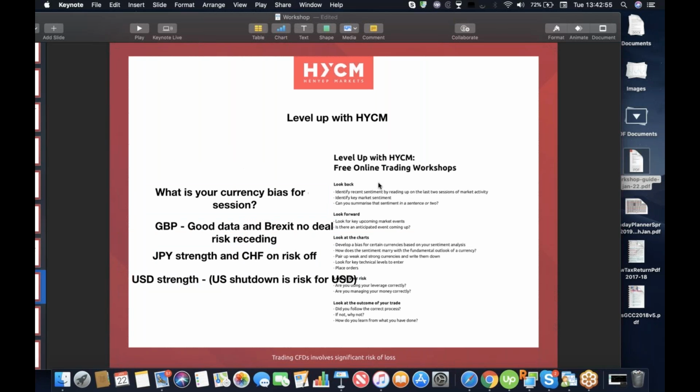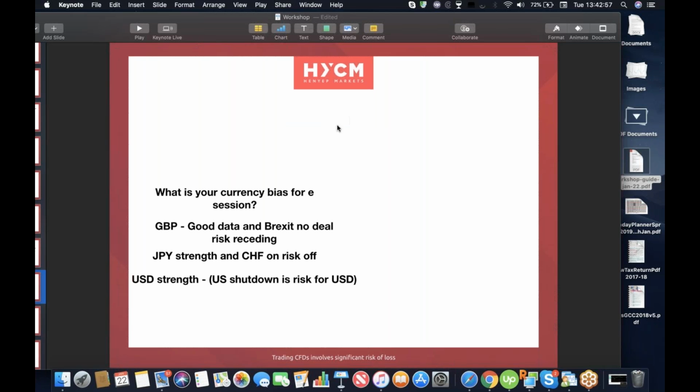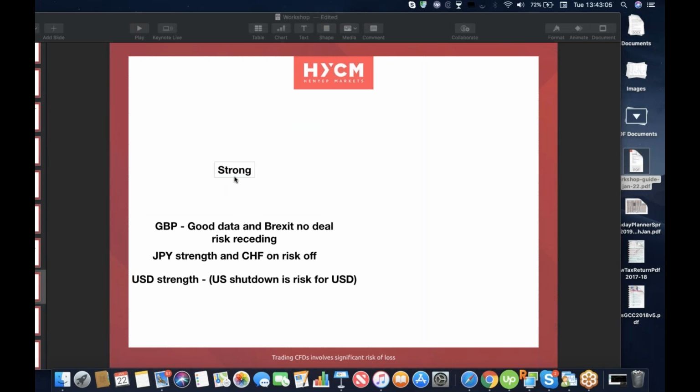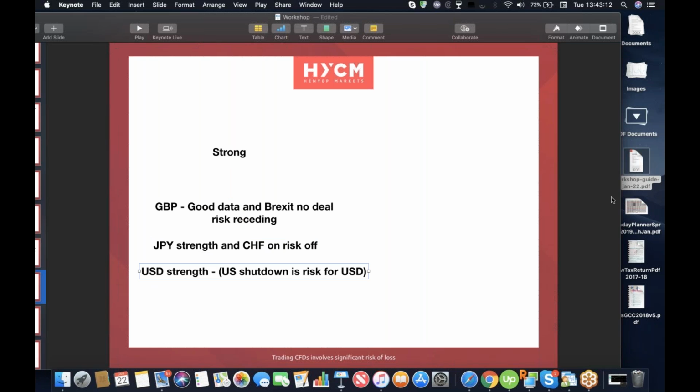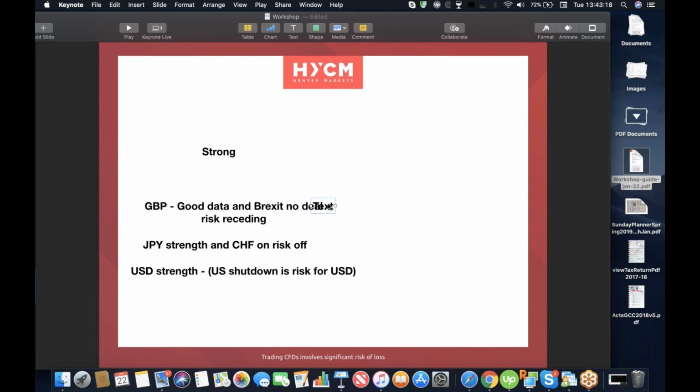Now, which ones are our weak currencies? Start typing away, guys. Tell me the weak currencies. Here's a clue: which currencies tend to be weak in a risk-off environment? Well, very good. Olufemi, we have the Canadian dollar.